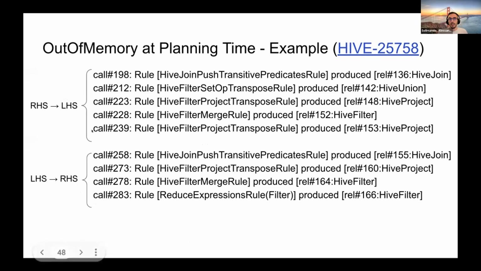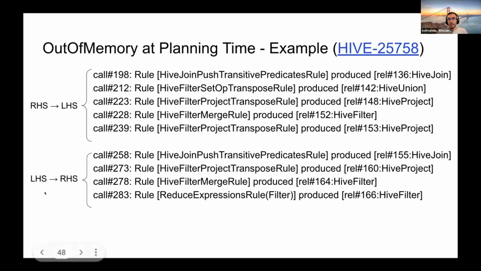So the first subsequence of this list is pushing predicates from the right-hand side to the left-hand side of the join by means of the HIVE join push transitive predicates rule. That is very similar in spirit and in implementation to the join push transitive predicates rule in Calcite.